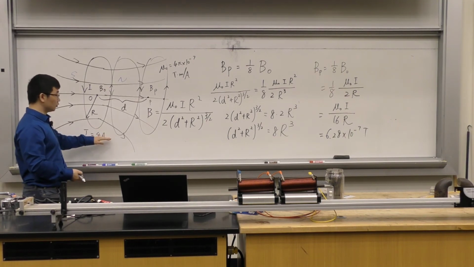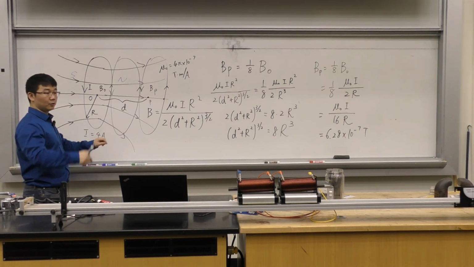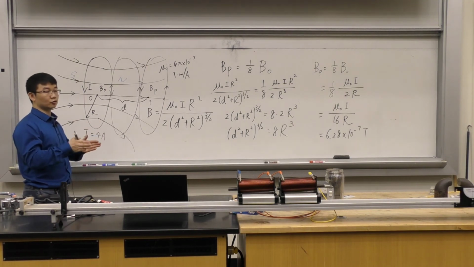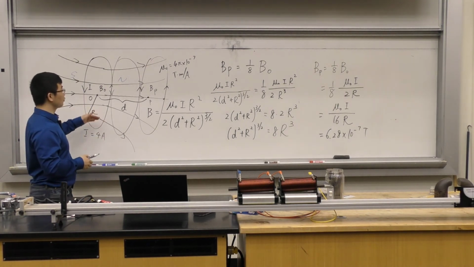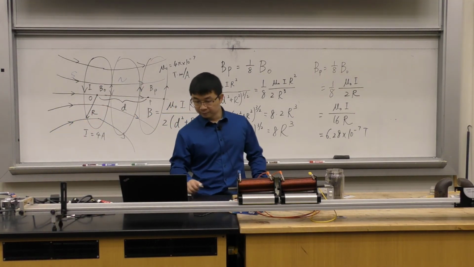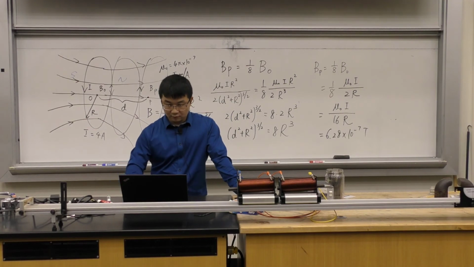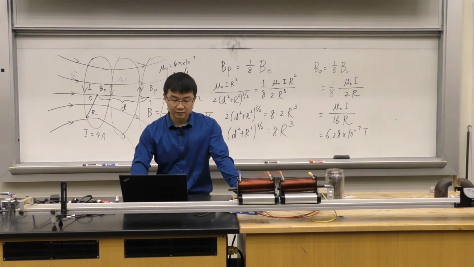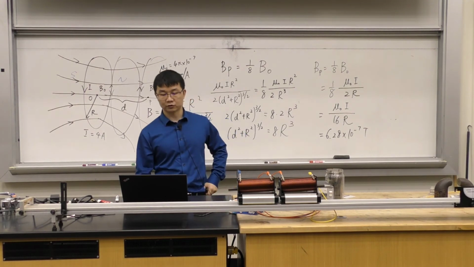So we still make use of the loop current, but we make a lot of loops and put them together so that you can get a very strong magnetic field. And you don't even need to use separate loops. Now we go to lecture 14, slide 1. All you need to do is make something called a solenoid.